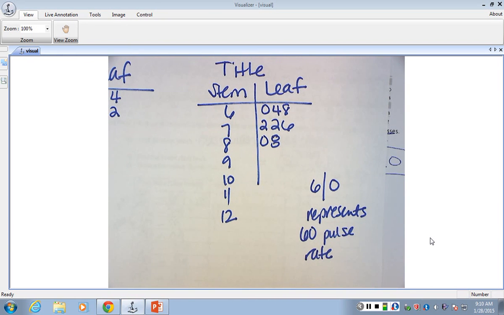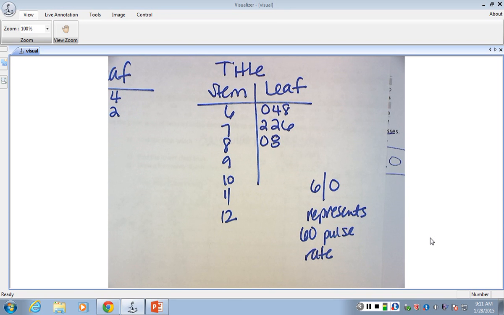So just let the person know, how am I reading this? Well, give me just one example. 6/0, that represents what? A 60 pulse rate. So a stem and leaf, you must have a legend with it. That's the only graph that I'll let you have a legend with when you do your graphs.